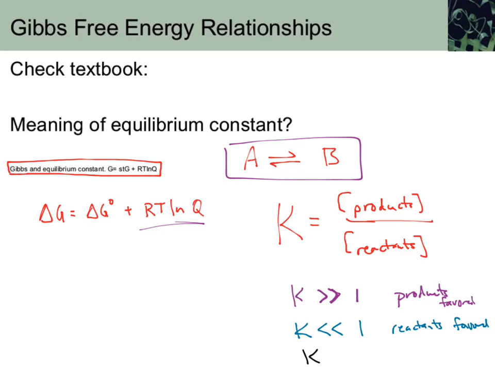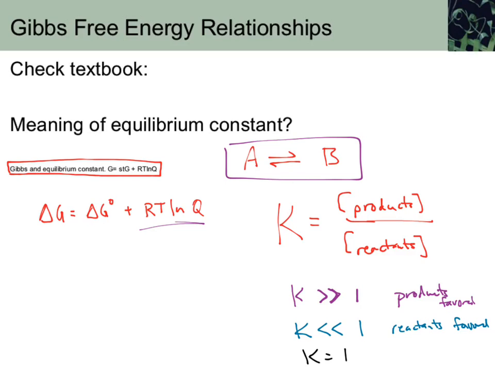And what does it mean if K equals 1? Wouldn't the reaction and the products be similar? The product and reactant concentrations are equal to each other. Okay. That's about it.